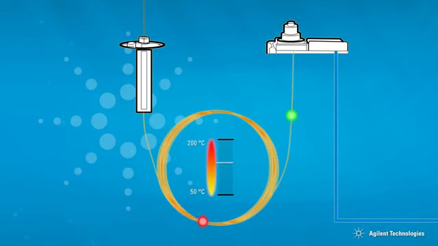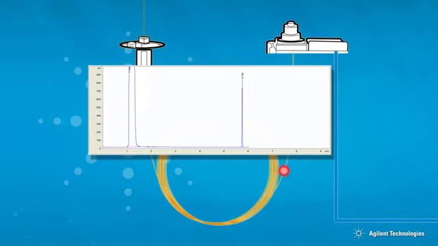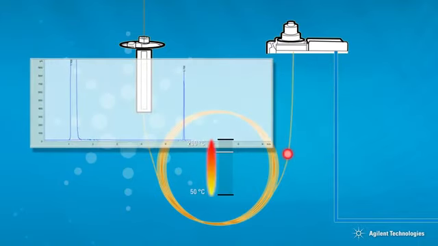The oven temperature is programmed up and the separation continues. The first component reaches the detector and a peak is displayed on the integrator or chem station. The height of the peak or the area under the peak will be used to determine the amount of each component in the original mixture.